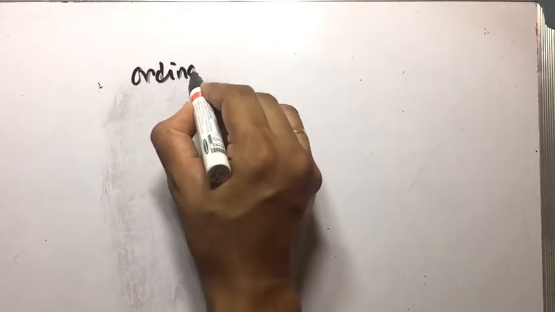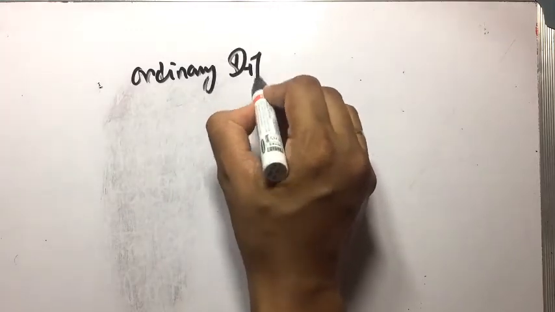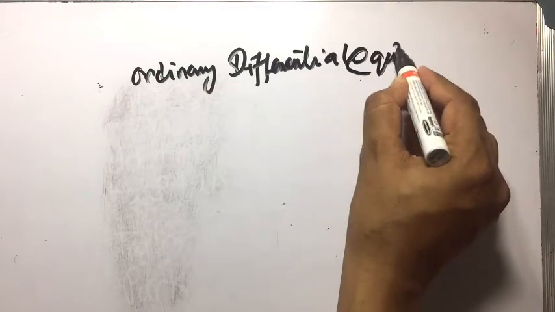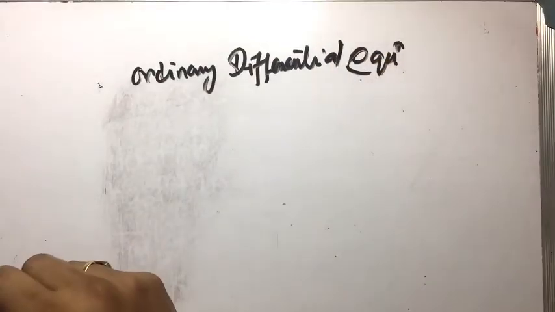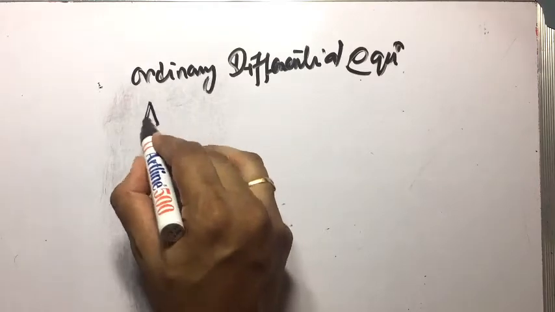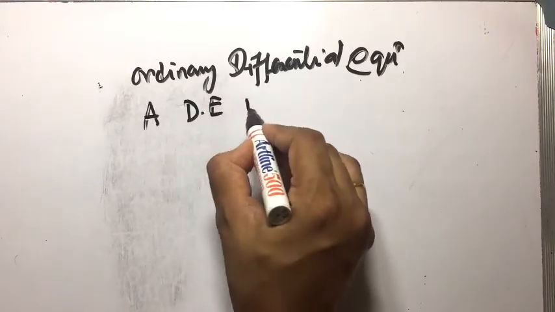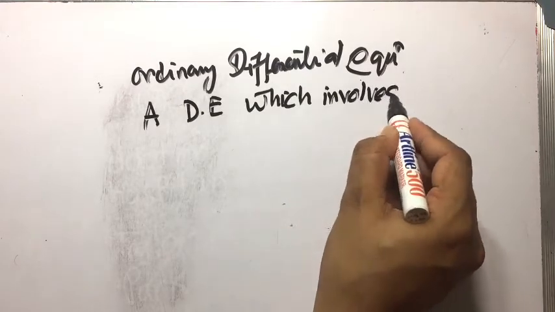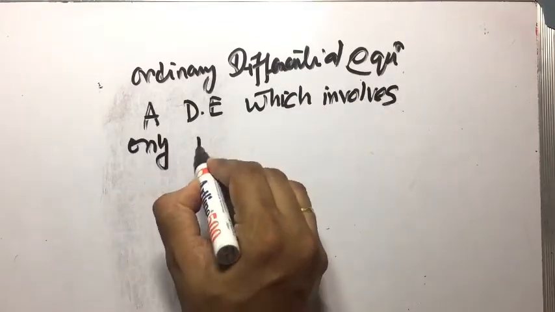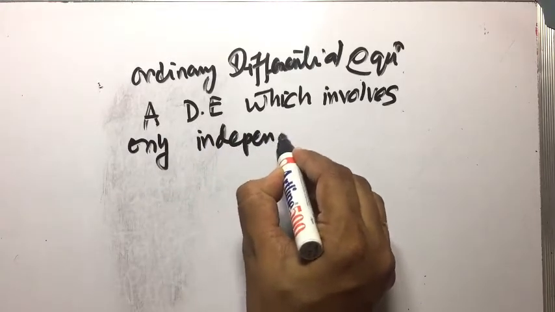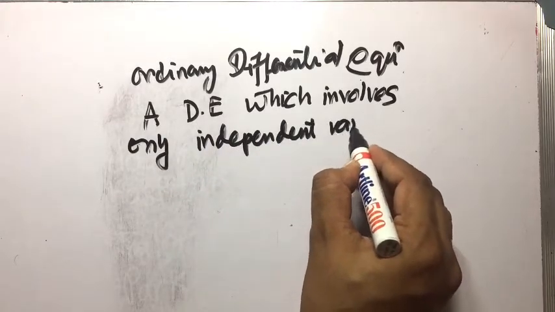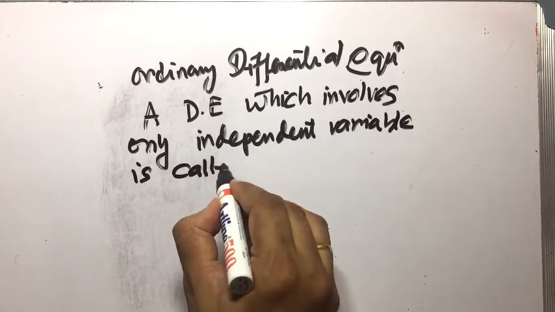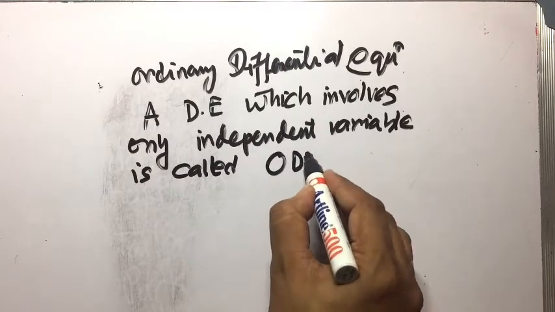Ordinary differential equation. A differential equation which involves only one independent variable is called an ordinary differential equation.